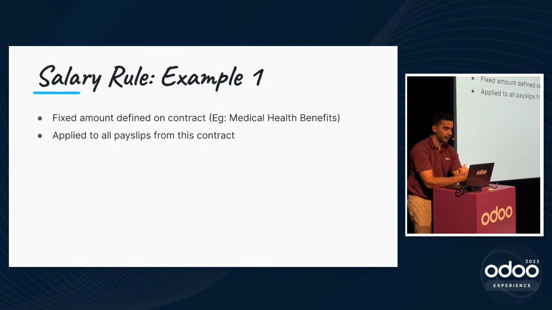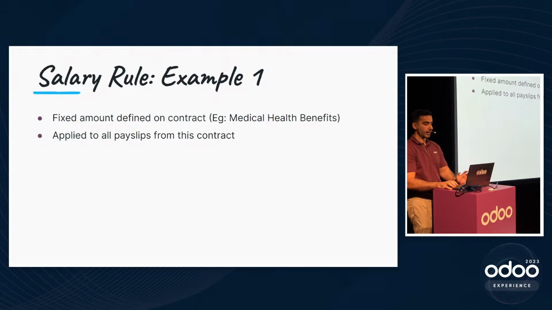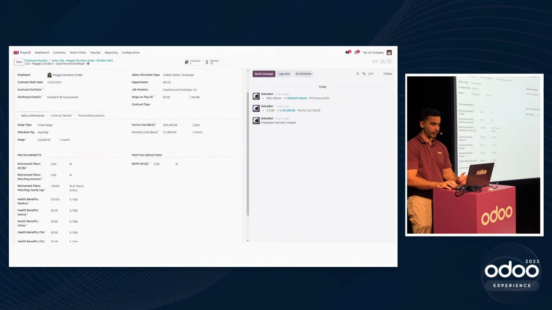So that's why health insurance is one of the most sought after benefits an organization can offer. So the medical health benefit is a fixed amount that is subtracted from the gross and sent to an insurance company. This amount is applied on all the payslips and is covered by the insurance program.